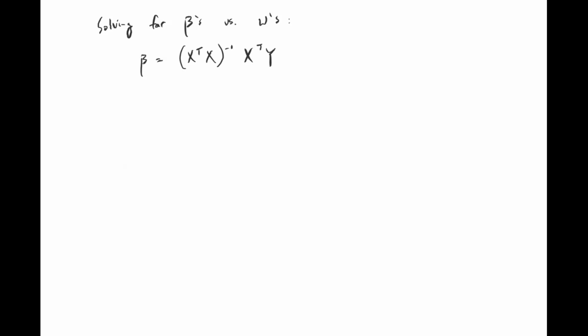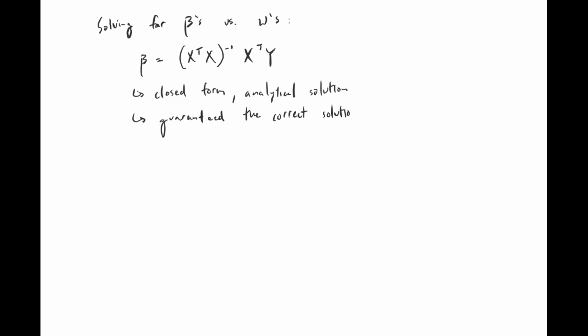So this is how you actually solve for the betas in a closed form solution. And because it's an analytical solution, we're guaranteed the correct solution. And this is very fast in theory.